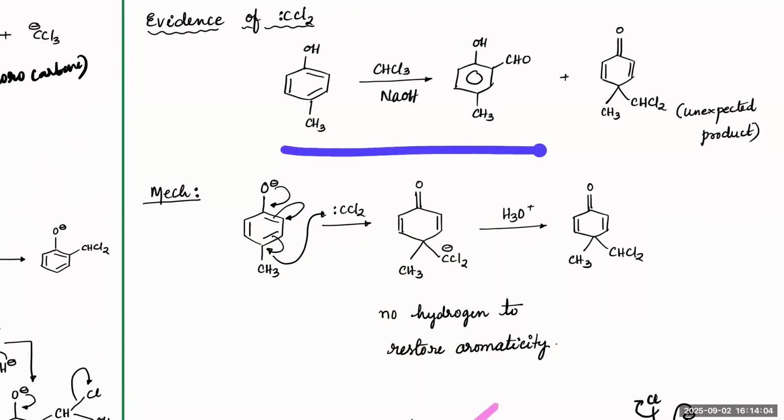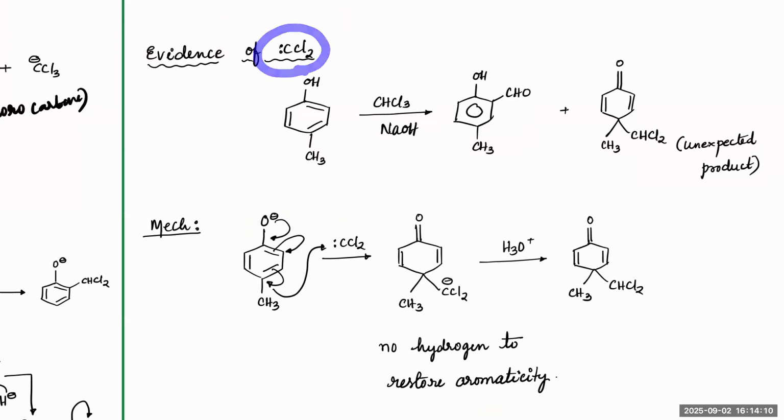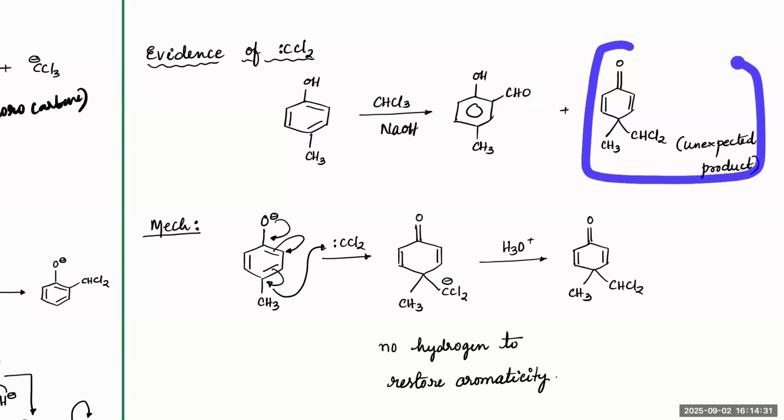This was once asked in JEE Advanced. A very old question, wherein if I want to prove the evidence of dichlorocarbene forming as an intermediate, or as an electrophile, you take para-cresol and react with this CHCl3 and NaOH. Now you will get salicylaldehyde here, which is major, but at the same time, there is a sufficient amount of minor product which is unexpectedly observed.